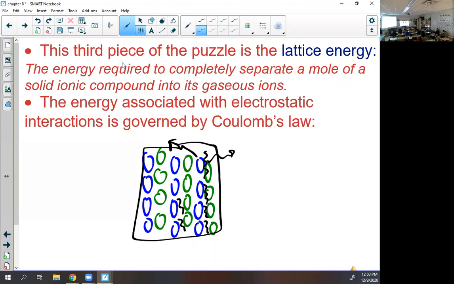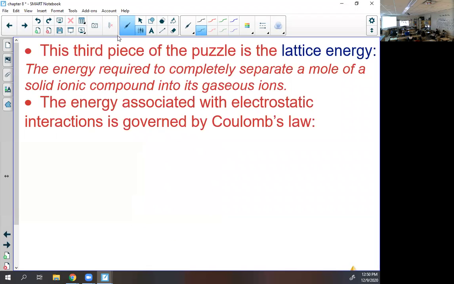Now, we don't have to do the math once again, but we have to understand the application of the math and Coulomb's law. And this is the second time we've talked about Coulomb's law, correct? Coulomb's law says that the force of attraction or repulsion is equal to Q1 Q2 over R or D squared. It doesn't matter, radius or distance, not diameter, but you'll see it written as both.